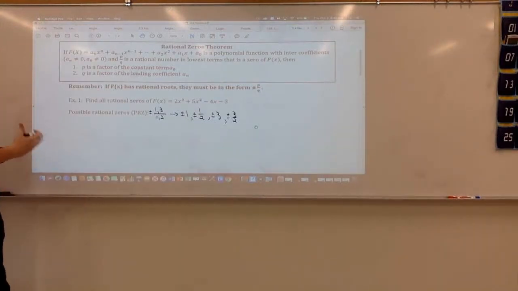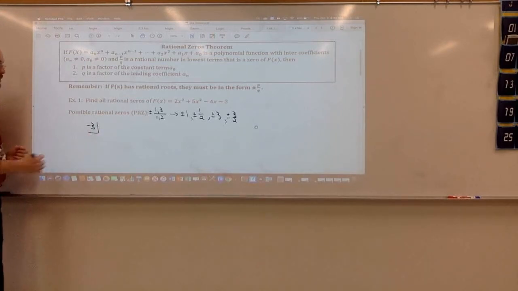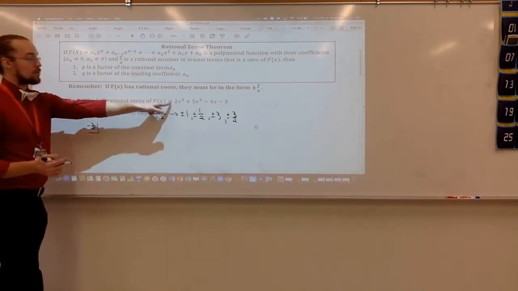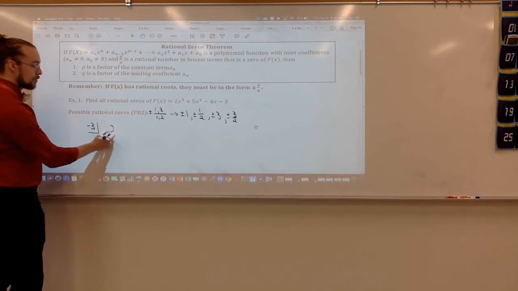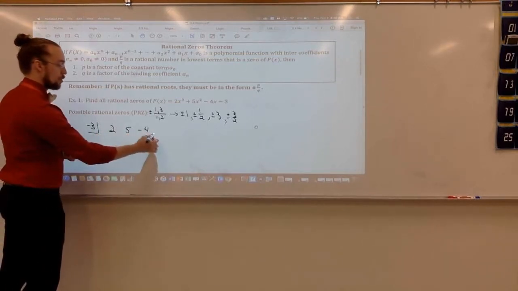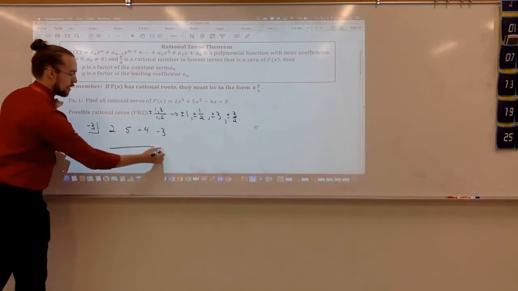Okay. So once we find that value, what we're going to do is factor that zero out of my polynomial. So I'm going to set up a synthetic division problem. We found that that zero is -3. So now I'm going to write out the coefficients of my polynomial: 2, 5, -4, and -3. Now we just synthetically divide.